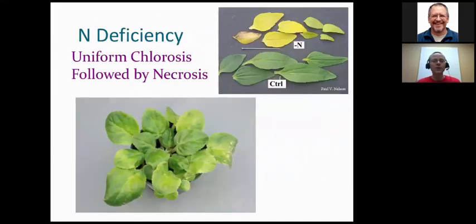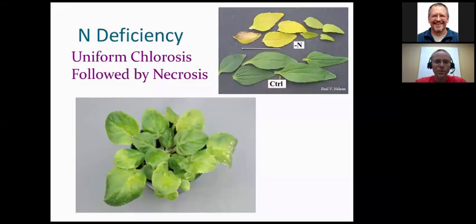So let's look at nitrogen deficiency. And here we see on this violet that the older leaves are more chlorotic. But then if we look up at the salvia picture, we notice that now they're starting to turn necrotic. That oldest leaf, the one in the upper left-hand corner of that top picture, is starting to turn necrotic over time.